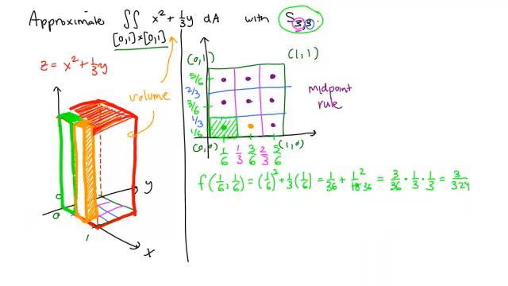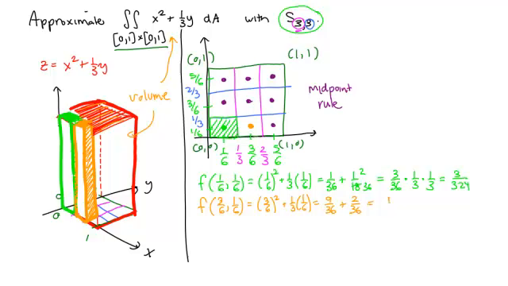Moving on to the second point. The second point is the point (3/6, 1/6). That's my second sample point. We plug it into the function, we'll find the height of the rectangle. In this case, it would be (3/6) squared plus 1/3 times 1/6. That would be 9/36 plus 1/18, which is 2/36.